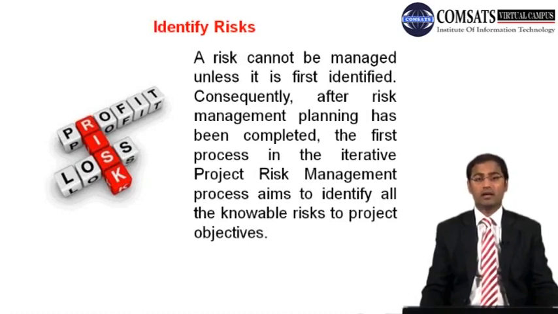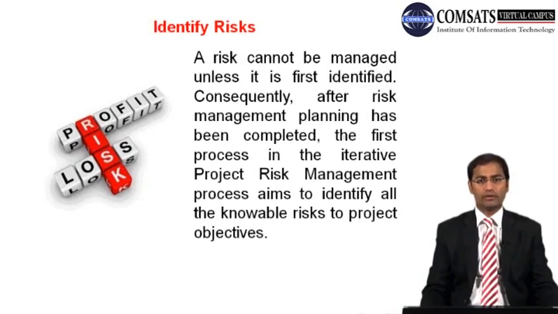Knowable means those which are known to you by the time you take up this exercise. Say you have chosen 200 risks out of 1,000, but afterwards, during execution, you come across another 50 risks which have surfaced now, or which are going to surface in a short time.